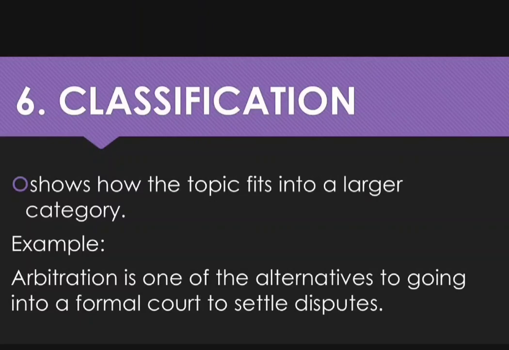The signal word or clue for us to identify that the classification technique is being used in defining arbitration here is the phrase "is one of the alternatives," meaning to say it is just part of many techniques in going to a formal court for settling disputes. So that's how we may use the classification in giving an expanded definition of a term.